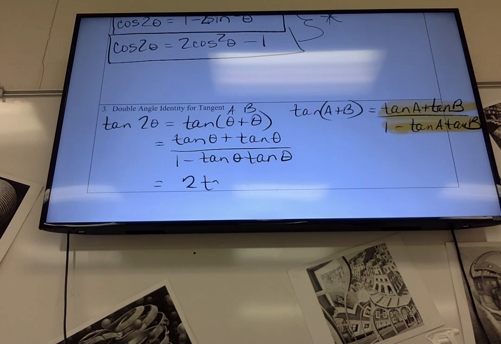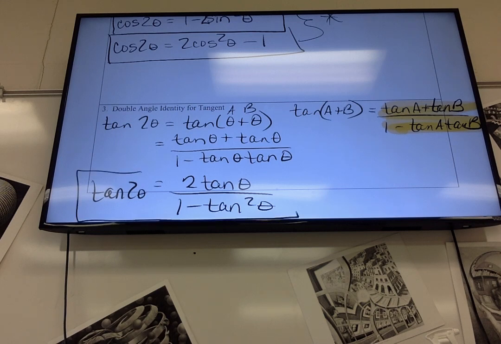That becomes 2 times the tangent of theta over 1 minus tangent squared of theta. So again, that's another one that will be given to you.